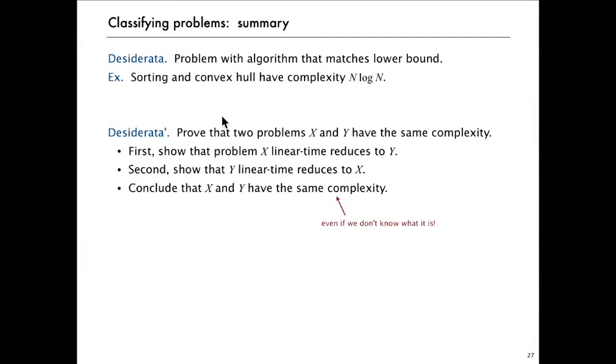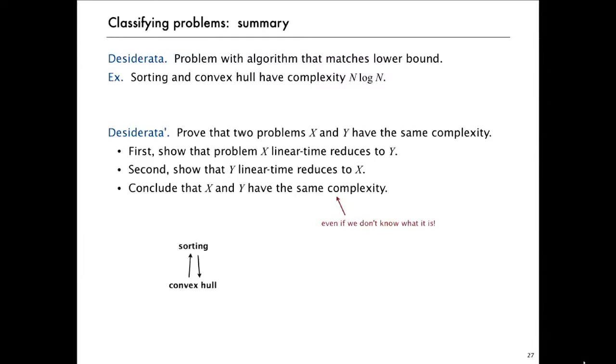Say we want to prove that two problems, x and y, have the same complexity, or the same resource requirements. First we show that x linear time reduces to y, and then we show that y linear time reduces to x. That way, even if we don't know what the complexity is at all, we know that x and y have the same computational requirements.